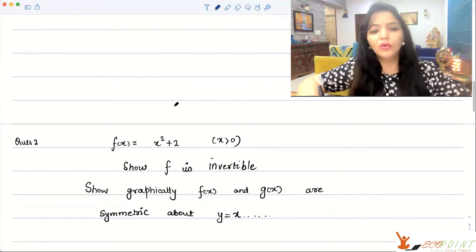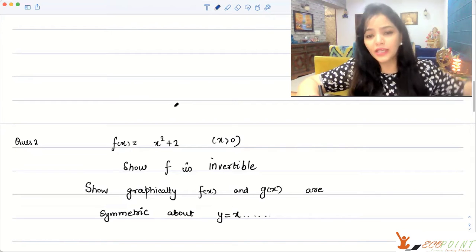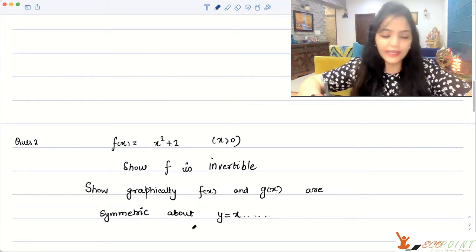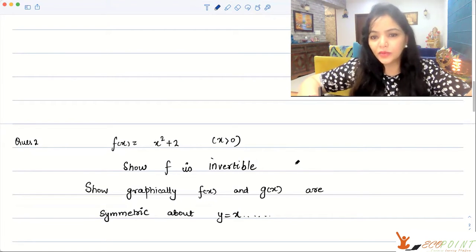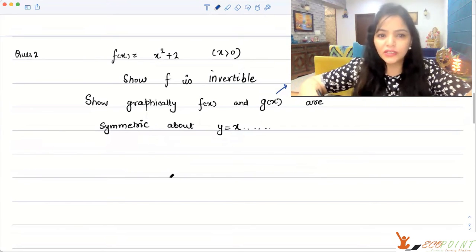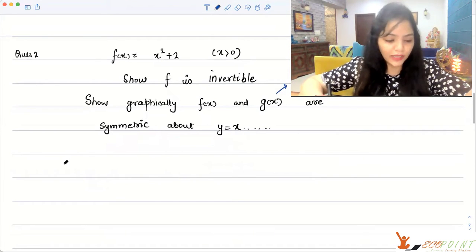And then show graphically that f(x) and g(x) are symmetric about y equals x. So we are saying f is invertible, and the inverse is g. We need to show graphically that f and g are symmetric about y equals x.